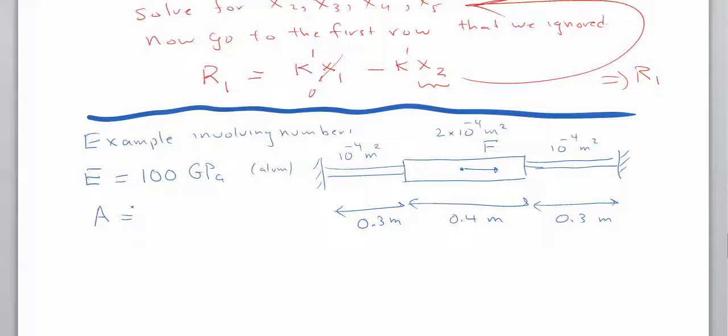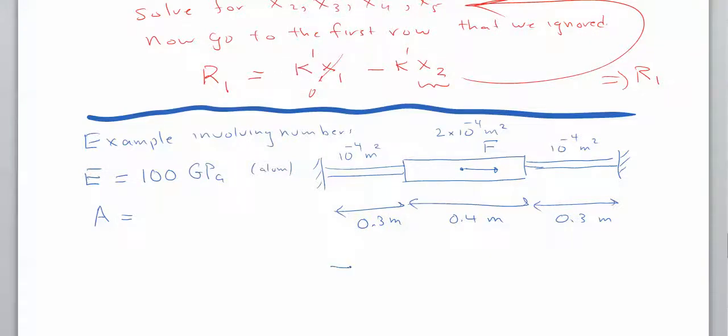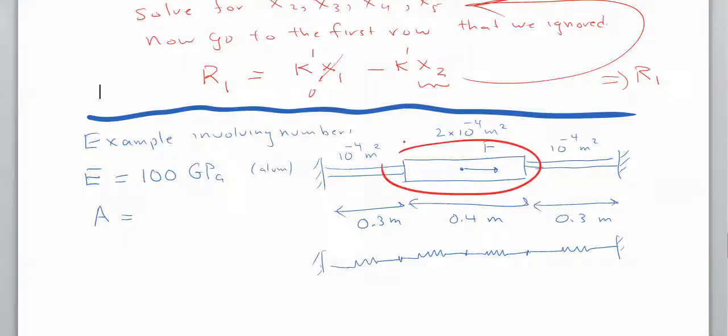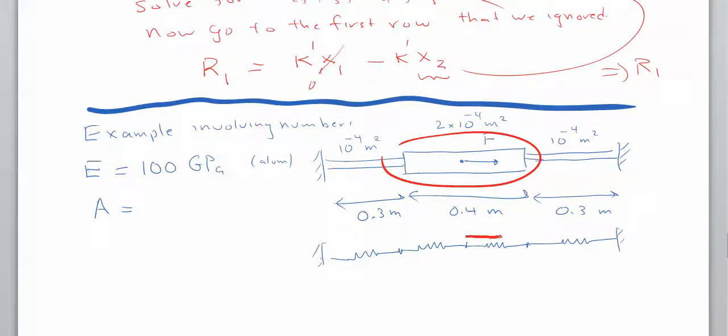All right, so the first thing we need to do is to break this up into elements. This is element number 1. This is element number 2. Here is element number 3. And there is element number 4. And the ends are fixed. Notice that the reason I broke this part into 2 elements is because I'm applying a force in the middle, which means that I need to break it up like that.